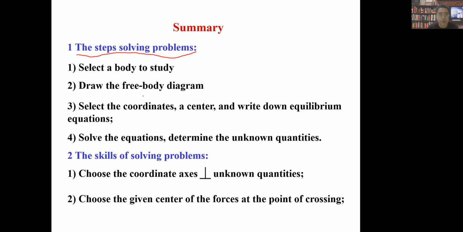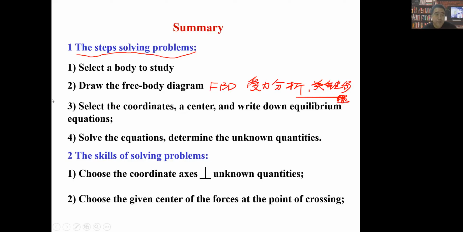And second, we should draw the free body diagram. We call that FBD. Actually, we call the force analysis in Chinese 受力分析. This is a very crucial step, 关键步骤, very important. It's very hard for you guys to understand this character.